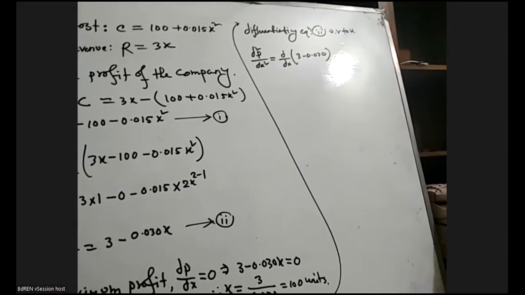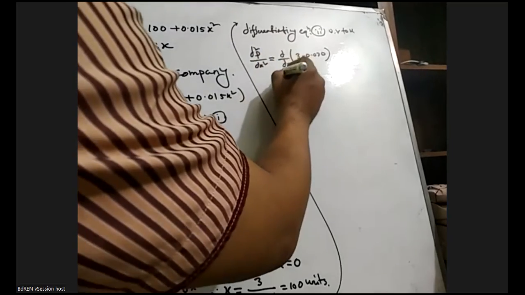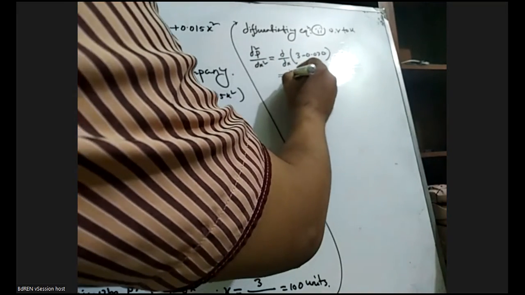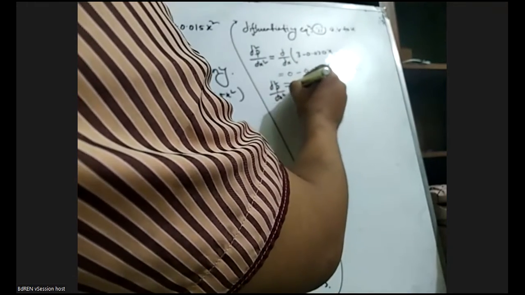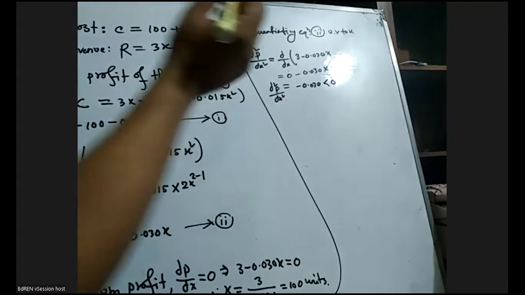So this equals 3 differentiation will be 0, and this will be 0.030 into 1. That means double differentiation of profit function will be minus 0.03, which is negative. Okay.